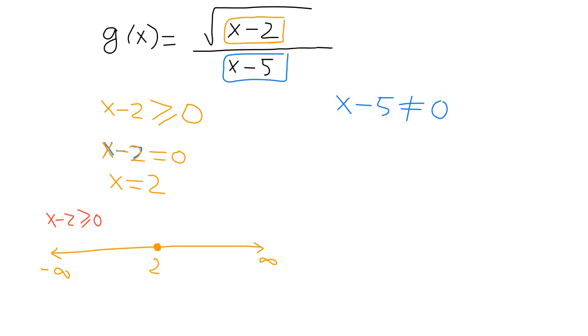One number. 1 minus 2, minus 1. Minus 1 greater or equal to 0? No. What about an element to the right of 2? 3. 3 minus 2, 1. 1 greater or equal to 0? Yes. So this is the portion that I have to take. So this portion satisfies this inequality.